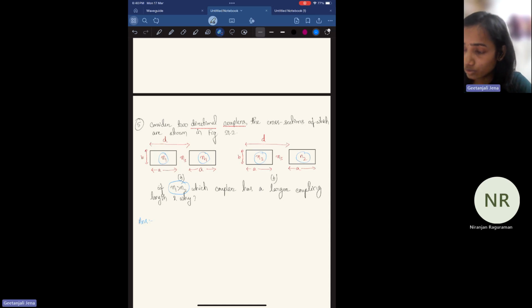It is related to gamma. Yes, it is also related. If you take non-identical, then it is related to gamma. And how is gamma related to refractive index?